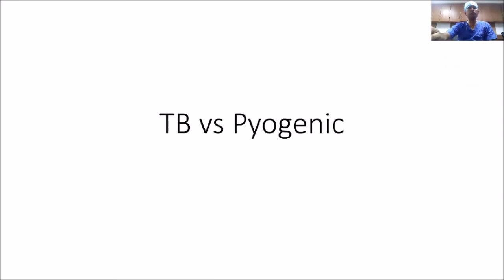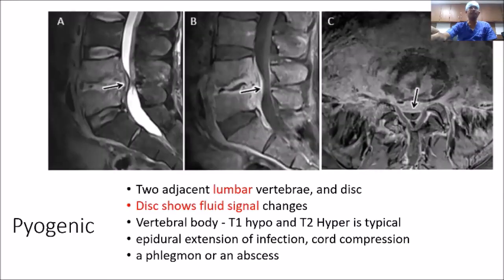So how are we going to use MRI to differentiate tuberculosis from a pyogenic infection? A classical description of a pyogenic infection is that it affects the lumbar vertebra. And in a pyogenic infection, because the pyogenic organisms release a lot of proteolytic enzymes, the intervertebral disc is affected much earlier in comparison to a tubercular infection.